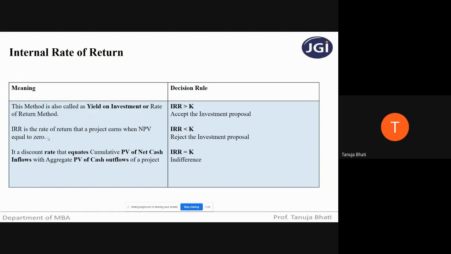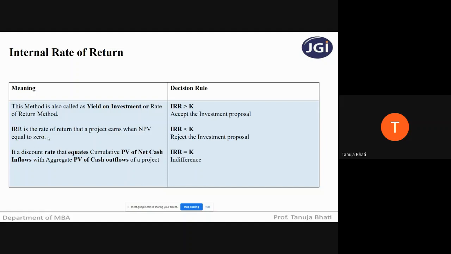Exactly. The student has rightly said that when the PV of cash inflows and PV of cash outflow are the same, meaning equal. When both are equal, at what rate of discount or rate of return are they equal? Students, we know in order to find PV of cash inflows, we have to use a rate, correct? Then we discount it and find out the PV.